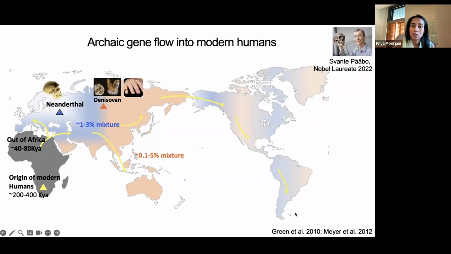And we know from studying the genomes of present-day people that Denisovans also interbred with modern humans. And today, most Oceanians and Asians have some amount of Denisovan ancestry. In this case, about 0.1 to 5% of Denisovan ancestry.